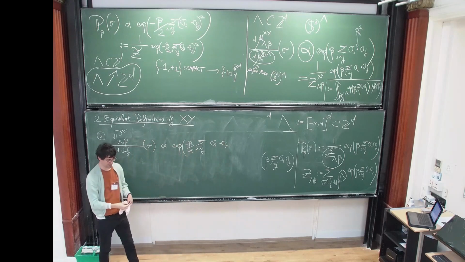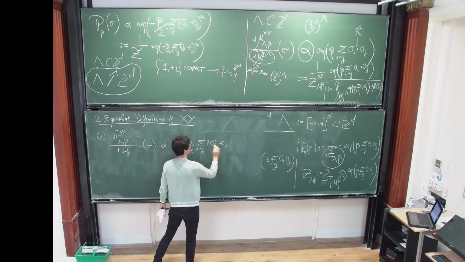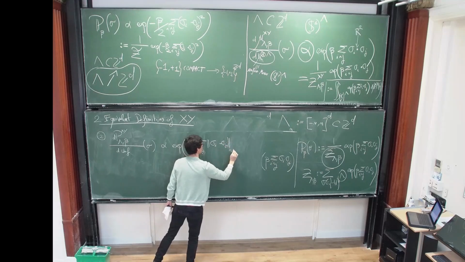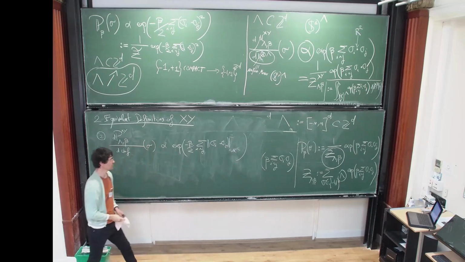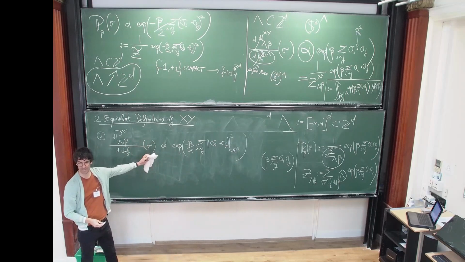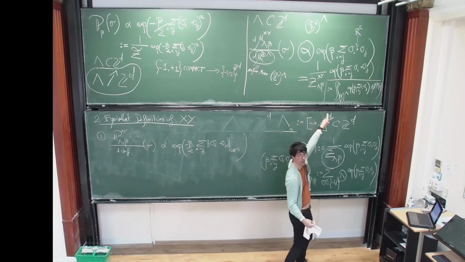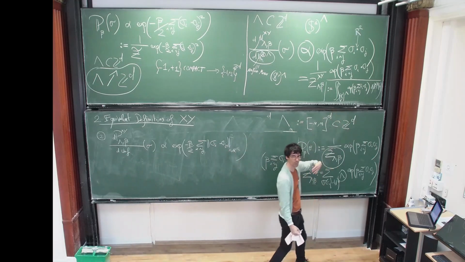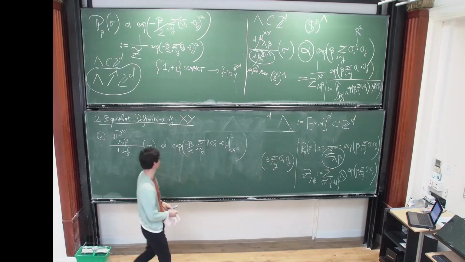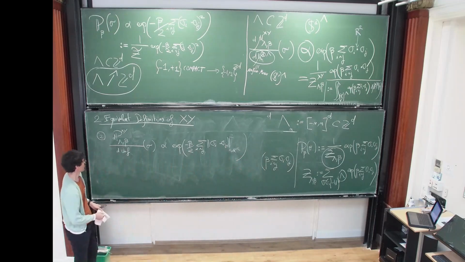And to generalize the Ising model, I have to take the L2 norm in R2 squared. So if I do this, the partition function will be slightly different. In fact, it will be the same as this one up to a global constant, and the probability measure is exactly the same. So that's the second definition.